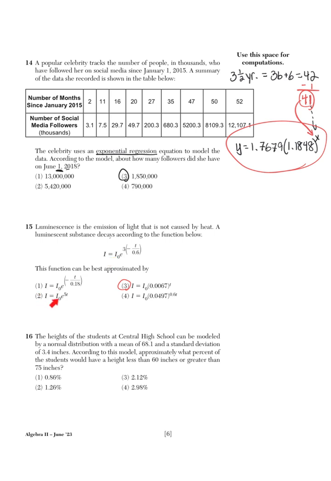Same thing here, same thing here, same thing here, and same thing here. Okay, so essentially, I'm going to take this equation that they gave me. I'm going to ignore that I equals I sub 0, and I am going to just look at that piece right there. That's going to help me figure out which answer choice it is.